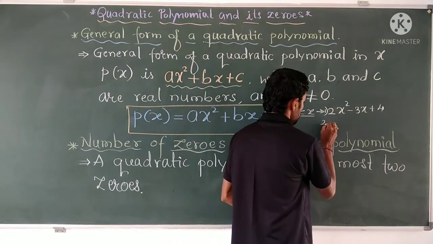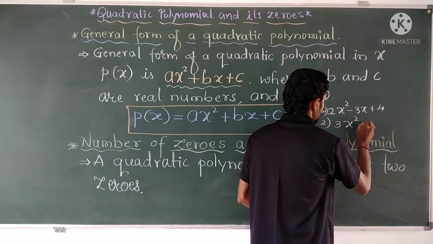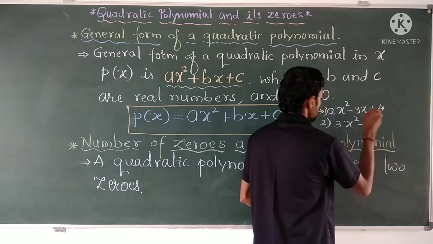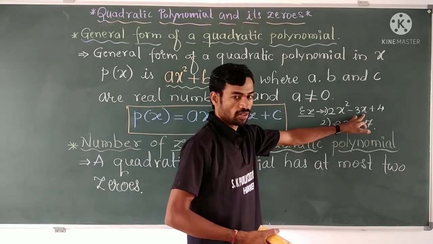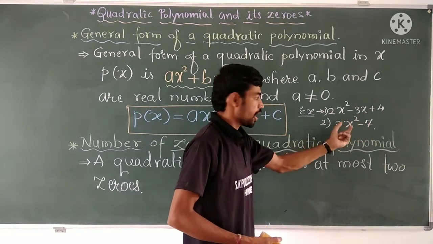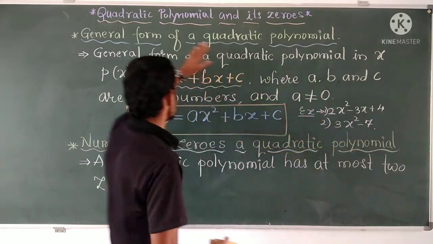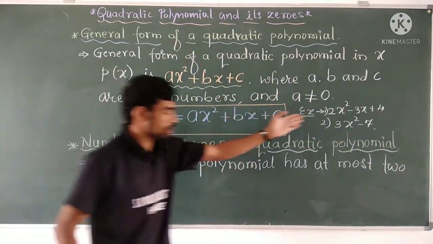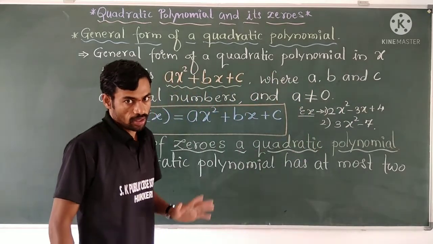One more example we can take is 3x^2 - 7. This is also a quadratic polynomial. Here the x term is not there, but x square is there. The highest power of the variable is 2, so it is a quadratic polynomial. These are all examples we have already discussed in class 9th standard. Clear?